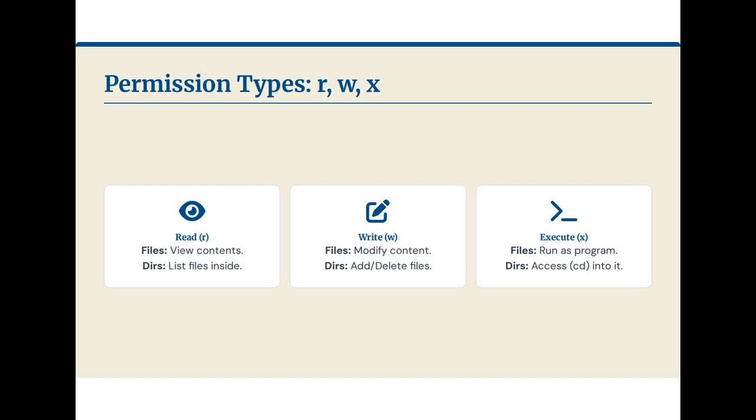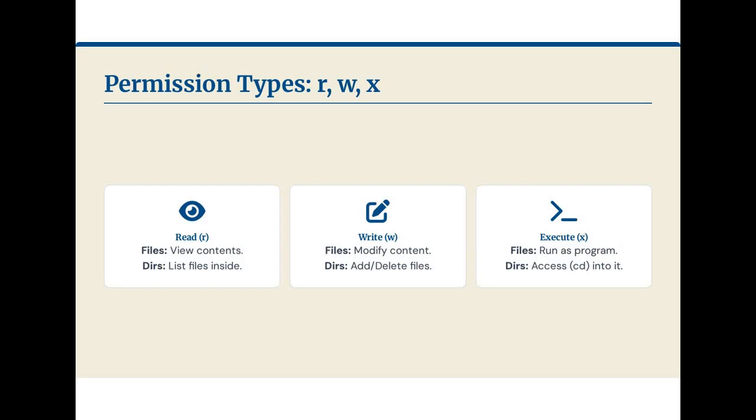R indicates read permission. W indicates write permission. X indicates execute permission. If it is a file, R allows to view the contents of the file. W allows to modify the contents of the file. X indicates it is execute and it will allow to execute that program.